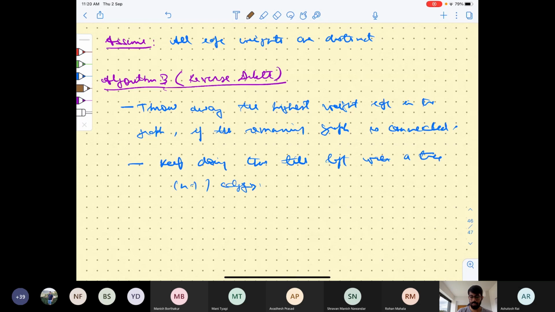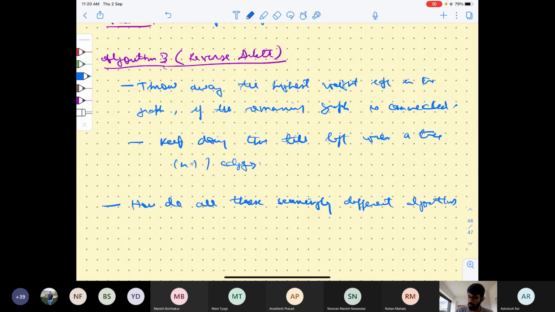Okay, so what makes these algorithms perform the same task? So how do all these seemingly unrelated or different algorithms produce the minimum spanning tree?